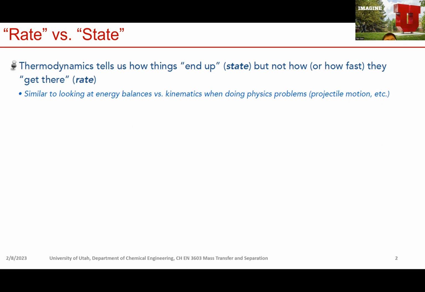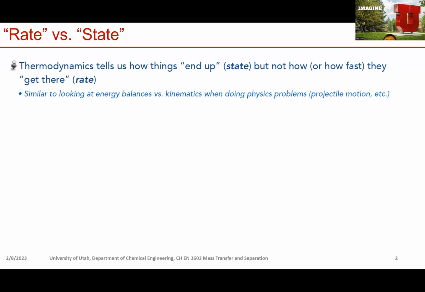This is similar to looking at the motion of an object, for example a projectile from a gun or cannon. Then the energy balance tells you where the projectile will end up, but doesn't tell you how the movement will happen, how the trajectory will happen.